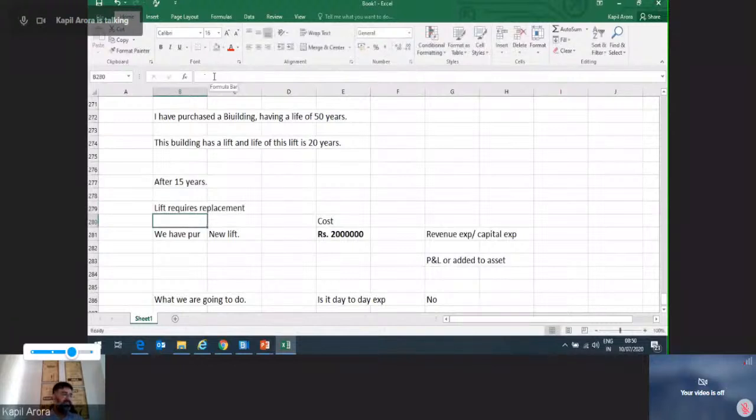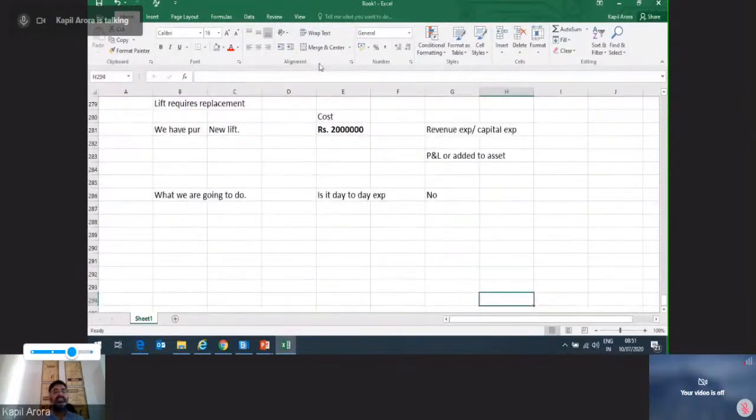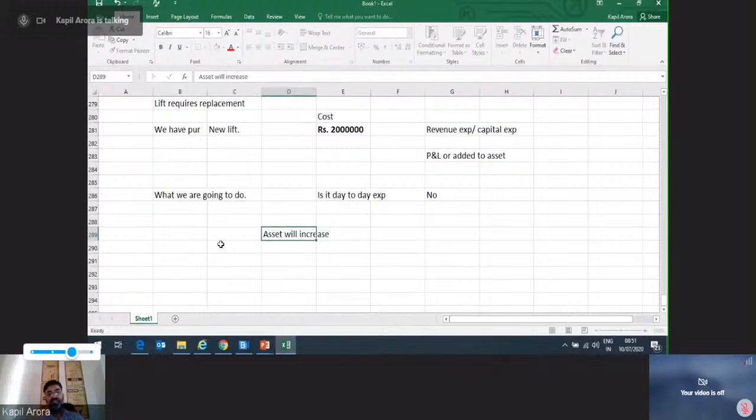After 15 years itself, instead of 20 years, the lift requires replacement within the 15th year only. Again the cost is 20 lakh. Revenue or capital expenditure, of course it is capital expenditure. It is to be added in the value of the asset. Asset will increase with 20 lakh after 15 years.